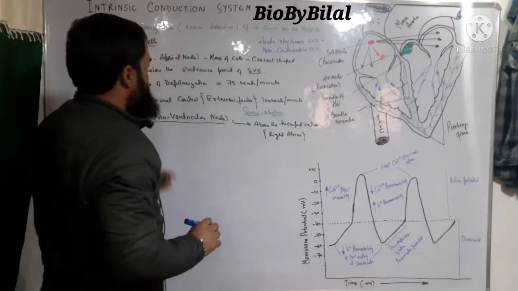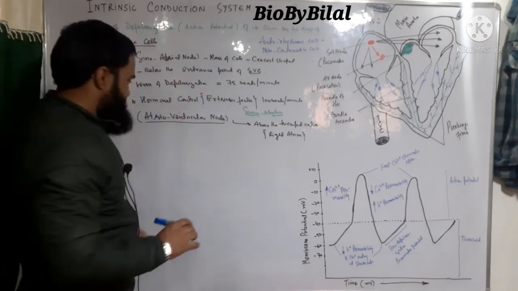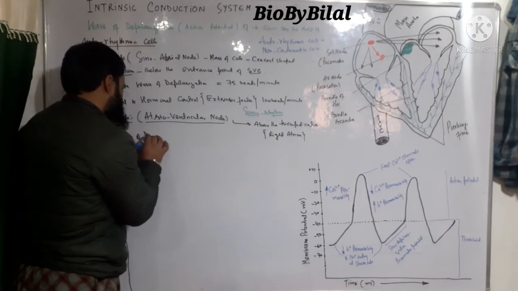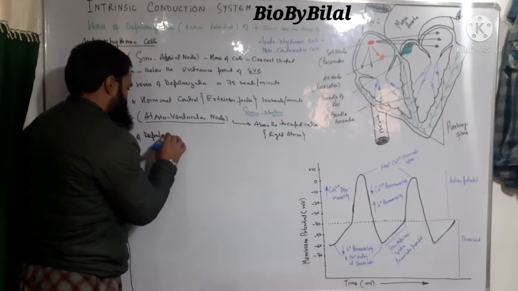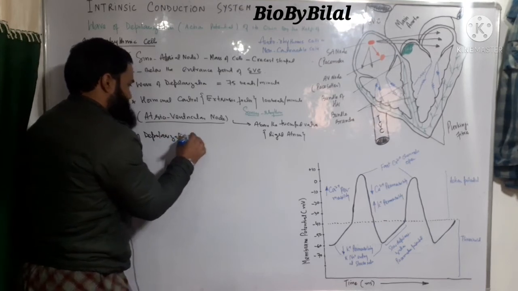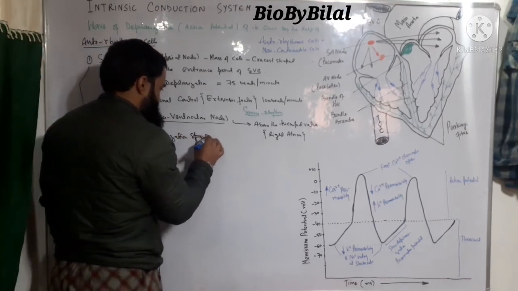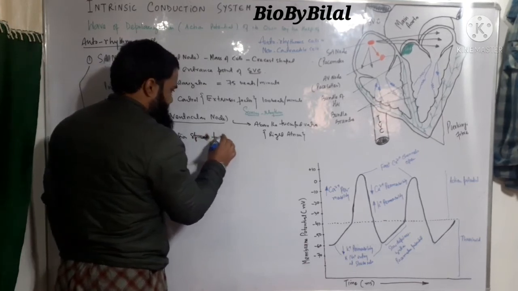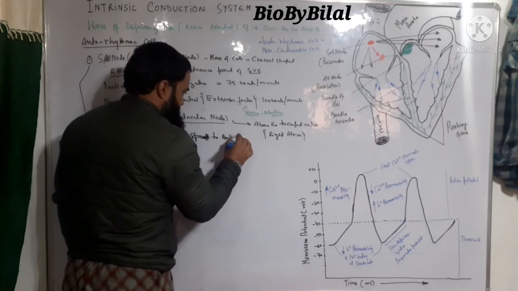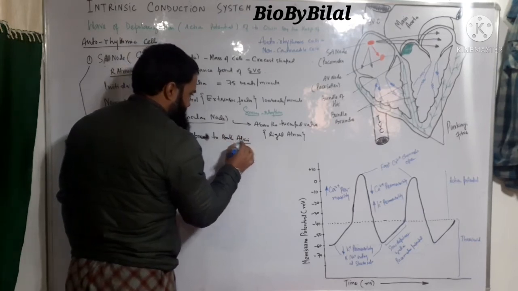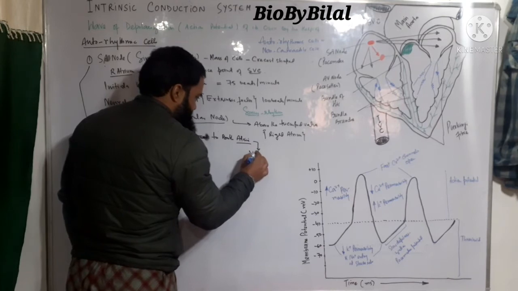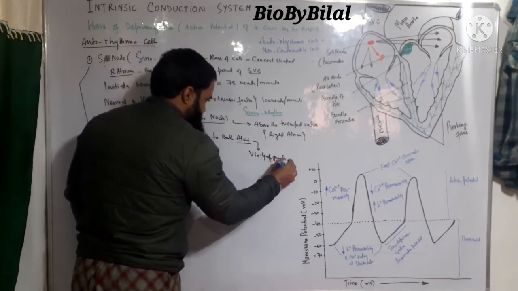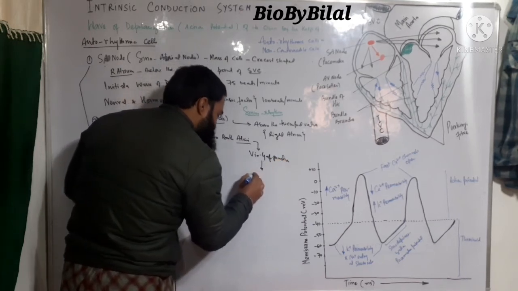From SA node, the wave of depolarization spreads to both atria via gap junctions. Hence, atria get contracted.